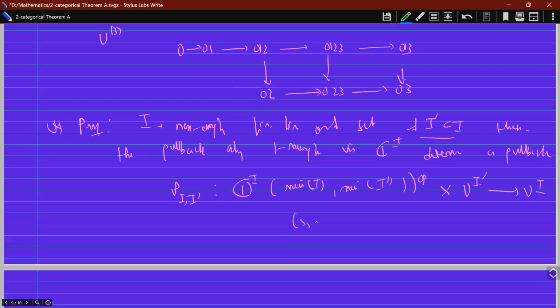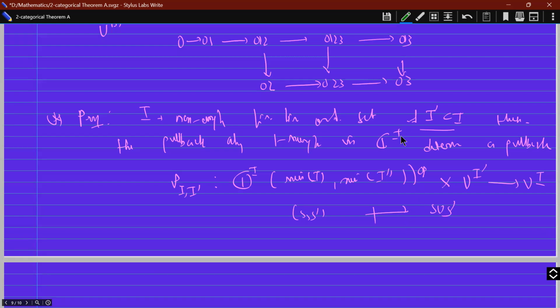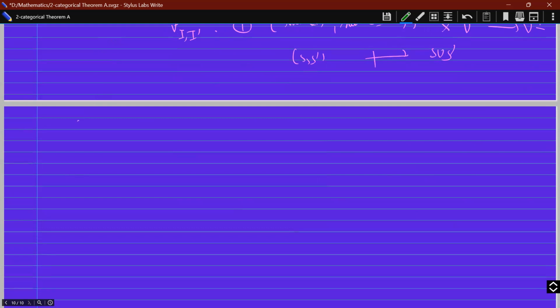So again, it takes this back to the view. Right. So now getting to the definition. So again, you take a 2-category C, and again you take a functor. So it is a marked simplicial set enriched functor.